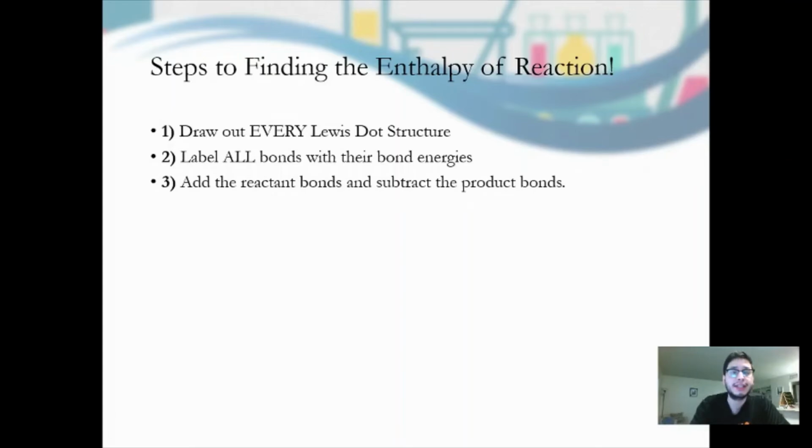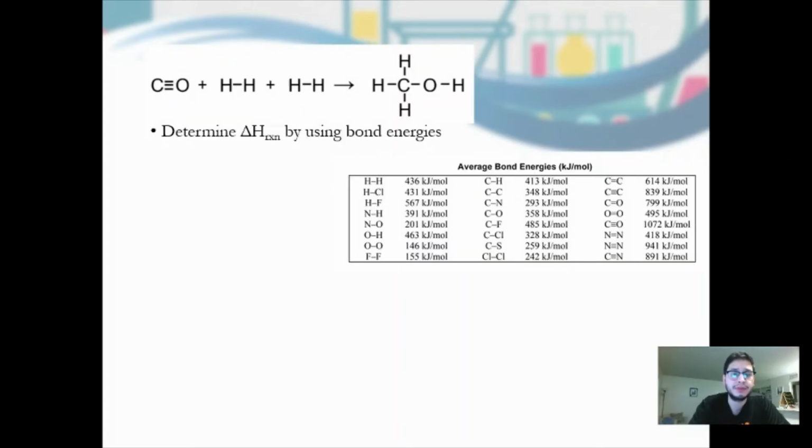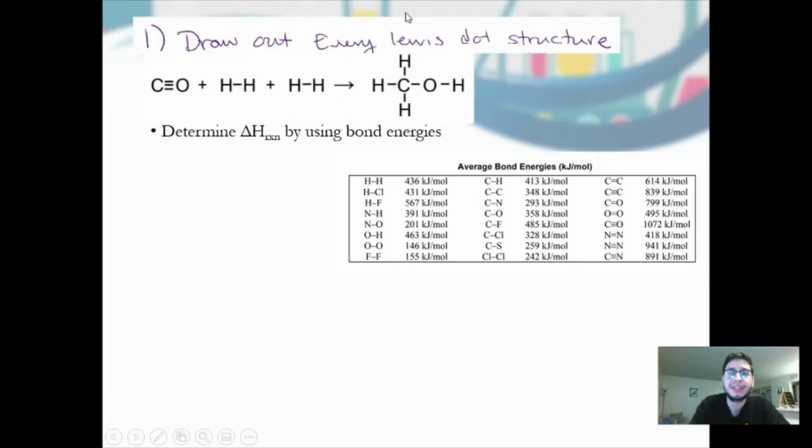Let's start out with something simple. I have this reaction, and lucky for you, I have already determined the Lewis dot structures of my reactants and my products. So the first step is already done for you.